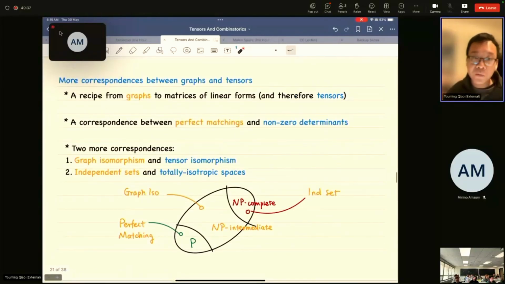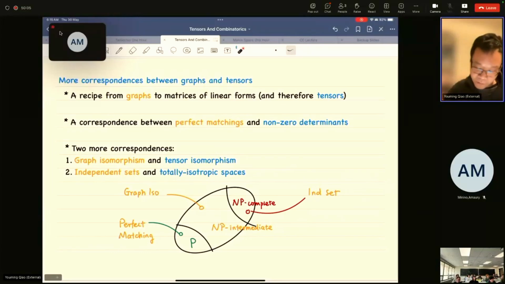And I also want to briefly mention that from the computational complexity viewpoint, the choice of these three questions from graphs is not actually quite random. We have seen perfect matchings. We will talk about graph isomorphism soon, and we will talk about independent sets if we have time.